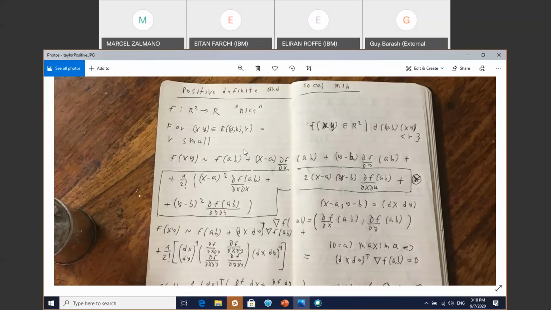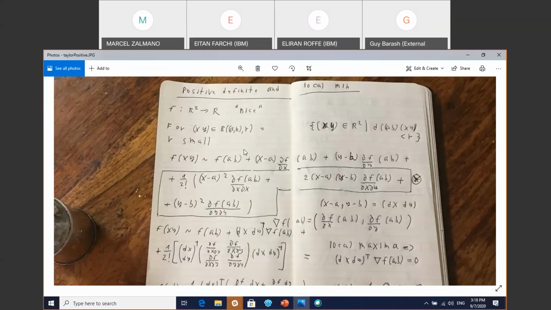And that's what I wanted to show: how intuitively the notion of positive definite is related to the notion of local minimum.